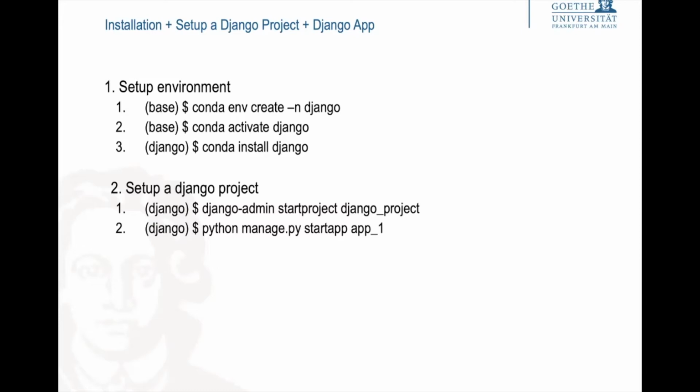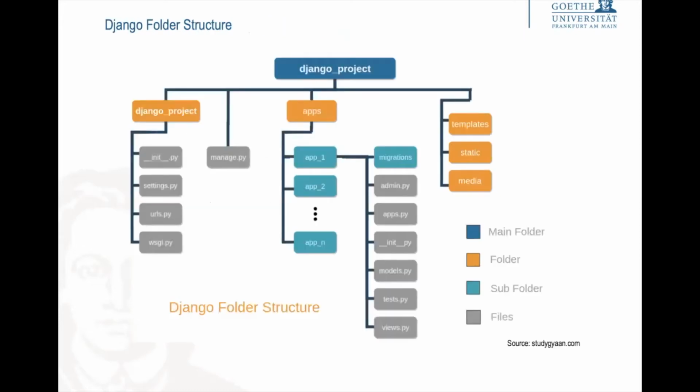So these steps will lead us to the following folder structure. We see that Django has auto-created a lot of different files in which we now will implement our logic. At this point, it's important to say this is one way of organizing your files, but you can also reconfigure it, obviously. This is one of the most default ways of organizing your files.